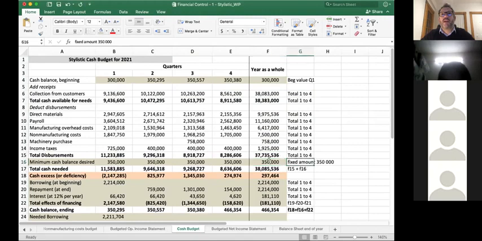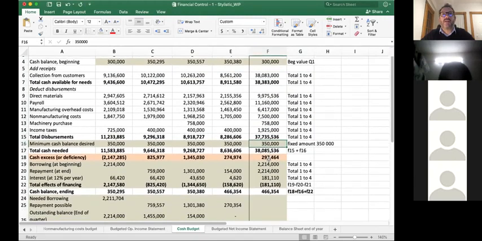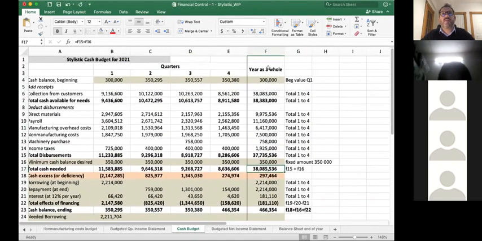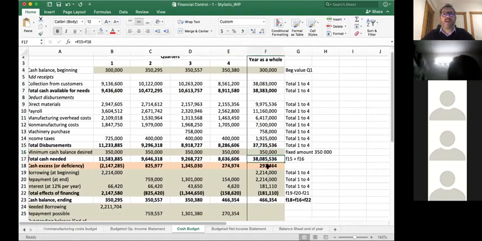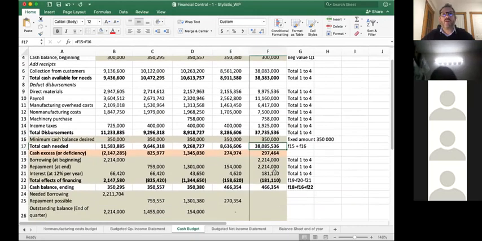Here we have the fixed amount of 350, okay? So we do the same formula as for every quarter, except that we do it at the year level, okay? So we take the beginning cash at the beginning of the year. The minimum cash balance is a fixed amount, 350, right? And so for the rest, we use the same formula, okay?